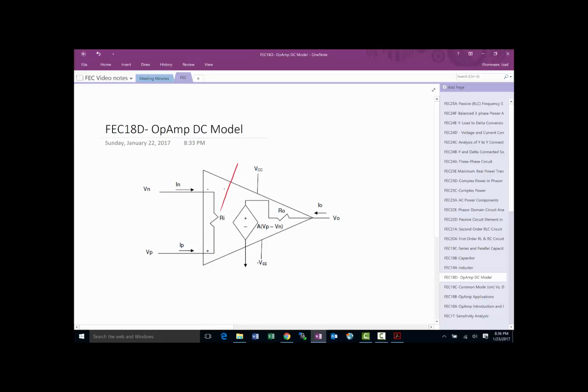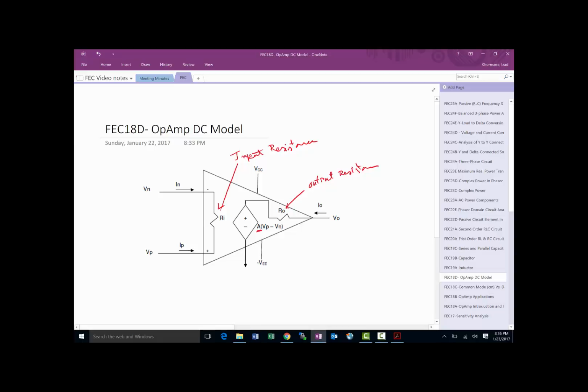This stands for input resistance. And then on the output side, you go through a resistor, which we call the output resistance, and a dependent source, whose voltage is equal to the gain times Vp minus Vn.